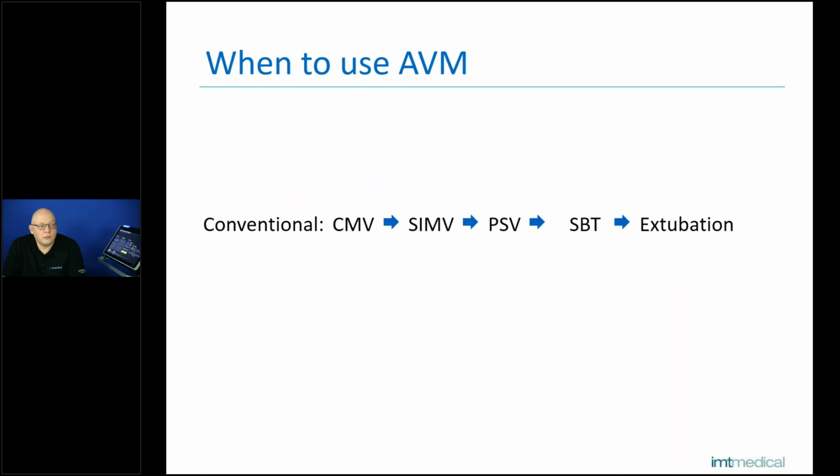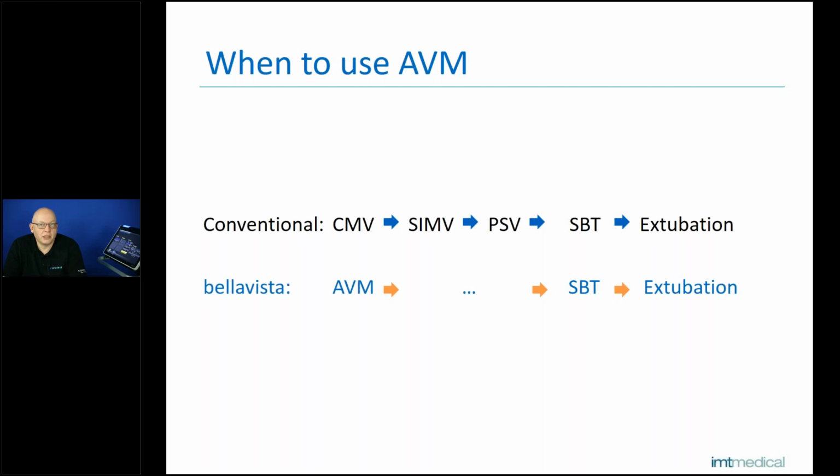And so you see, on a regular mode of ventilation, usually the patient from intubation to extubation will have a controlled mandatory ventilation mode, and then it will be switched to SIMV or pressure support ventilation modes. And if the patient is stable enough, you will switch off everything and have a spontaneous breathing trial, and then extubate the patient.